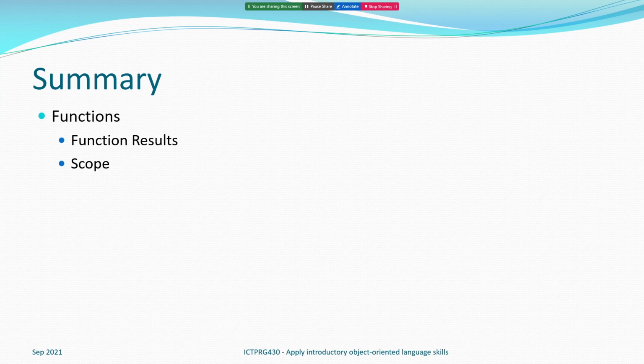And the scope is just telling you how to bring, for example, the variables, instead of being contained within the function, you can have them affect variables in the main program. Alright.